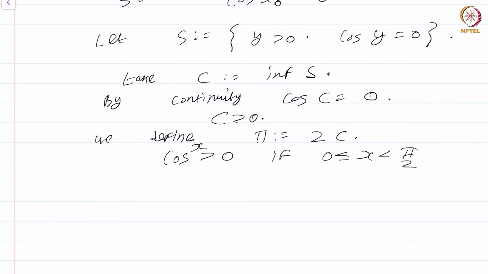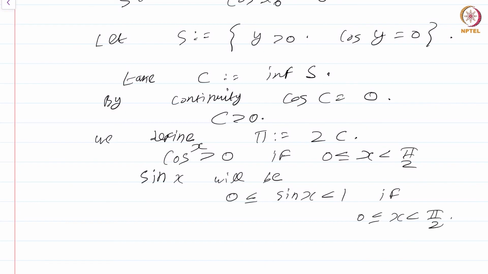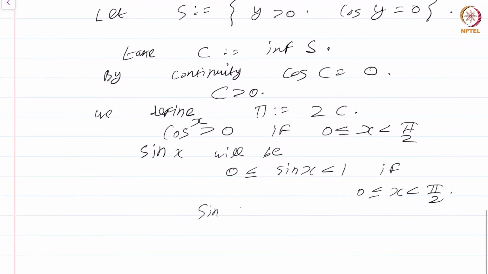And because of this, sin x will be 0 less than or equal to sin x less than 1 if 0 is less than or equal to x less than pi by 2. And we also know that sin pi by 2 is equal to 1.